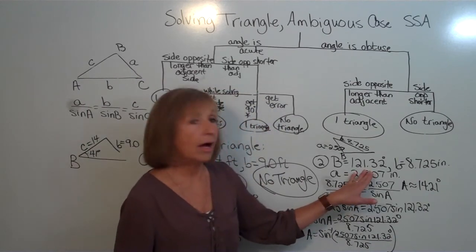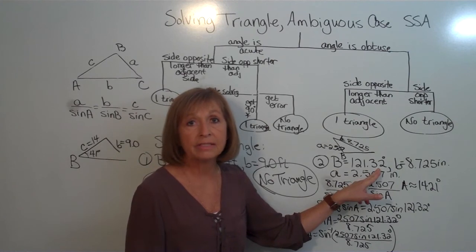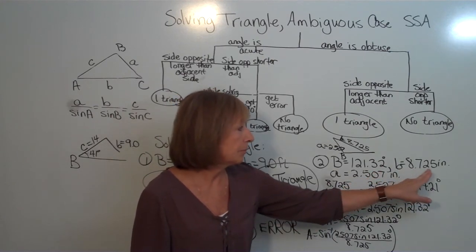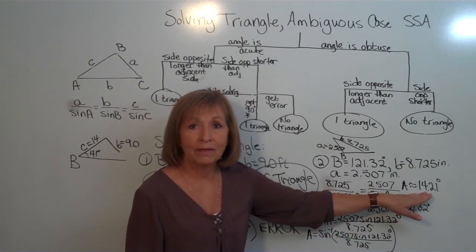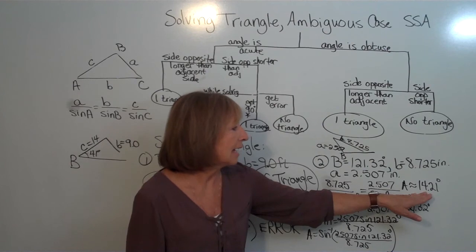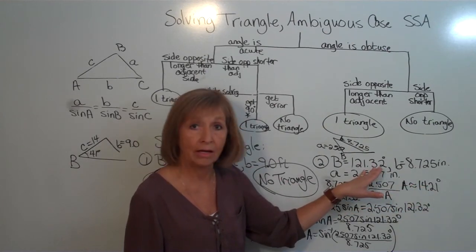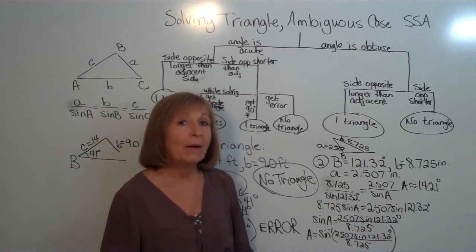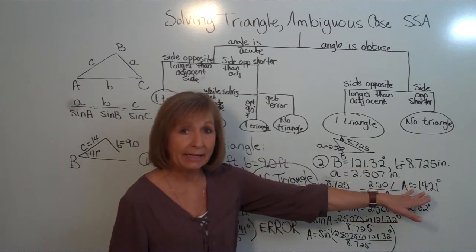Now, my other angle was to the nearest hundredth, and with the nearest hundredth, your side lengths are to 4 significant figures. So 1, 2, 3, 4, 1, 2, 3, 4. So falling in line with that, we need to leave angle A to the nearest hundredth. So 14.21 degrees. Now I know I have that one triangle, and now I have 2 angles.